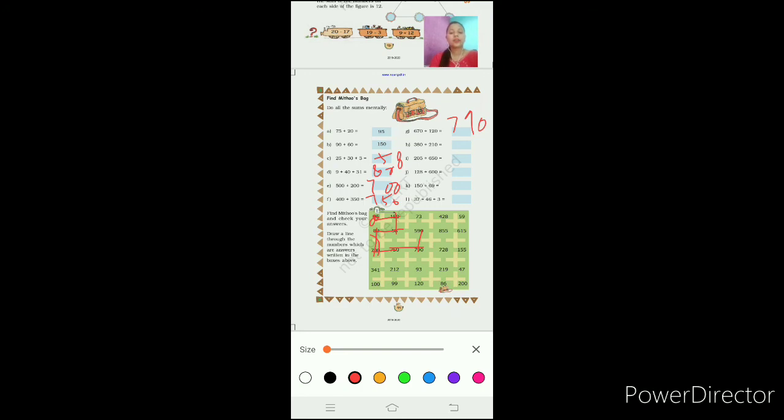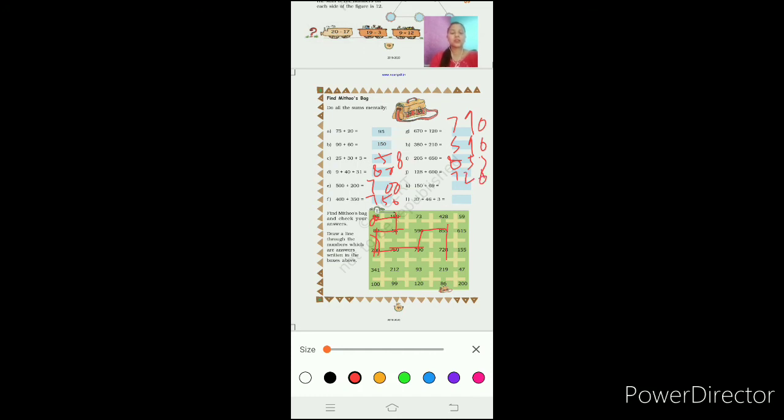Okay. So 590. Now 205 and 650. So 200 plus 600, 800. 50 plus 5, 55. So 855. So where is 855? On the right hand side. Now 128 plus 600 is 728.